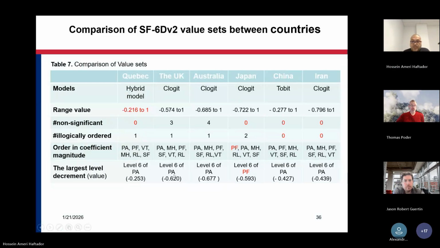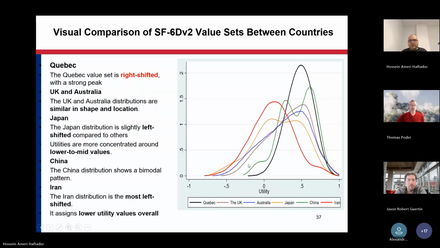Pain is the most important dimension for all surveys except for Japan. In Japan it was physical functioning. Level 6 of pain had the largest coefficient for all surveys except for Japan. Visual comparison of our value set with other countries: Quebec is narrower.